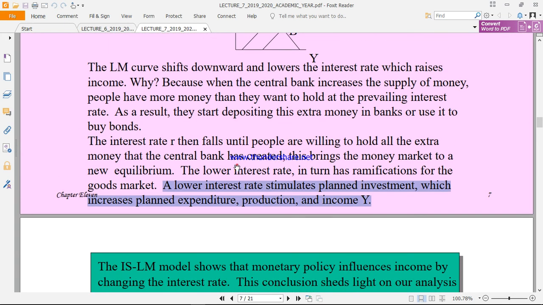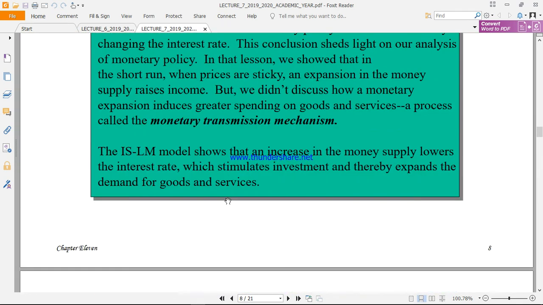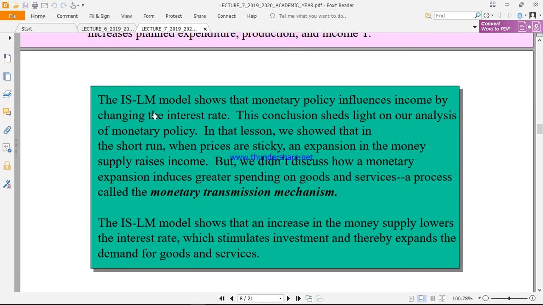Are we together there? Yes, we are. Thanks. So now, the IS-LM model shows us that monetary policy influences income by changing the rate of interest. This conclusion sheds light on our analysis of monetary policy.